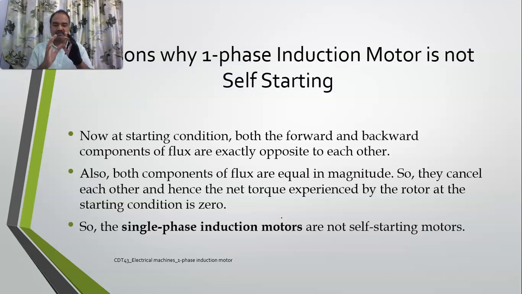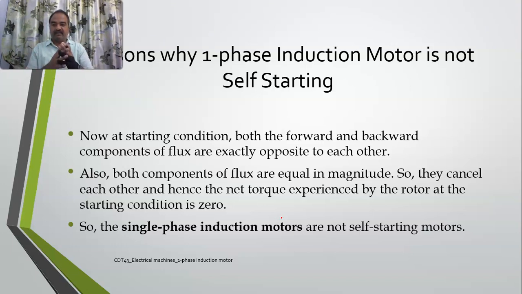So we assume that it is moving in this direction and also in this direction. The fluxes are moving in opposite directions, two halves, one positive, one negative. So the net flux is 0, and your rotor stands still because there is no torque experienced.